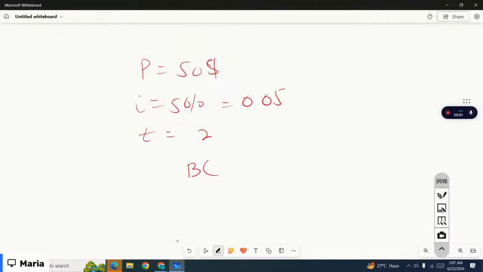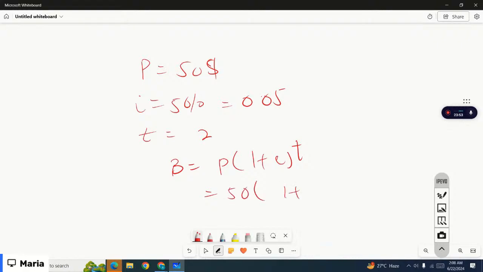So B equals P(1 plus R) exponent T. P is 50, 1 plus 0.05 squared. So just calculate 50 times 1.05 squared.